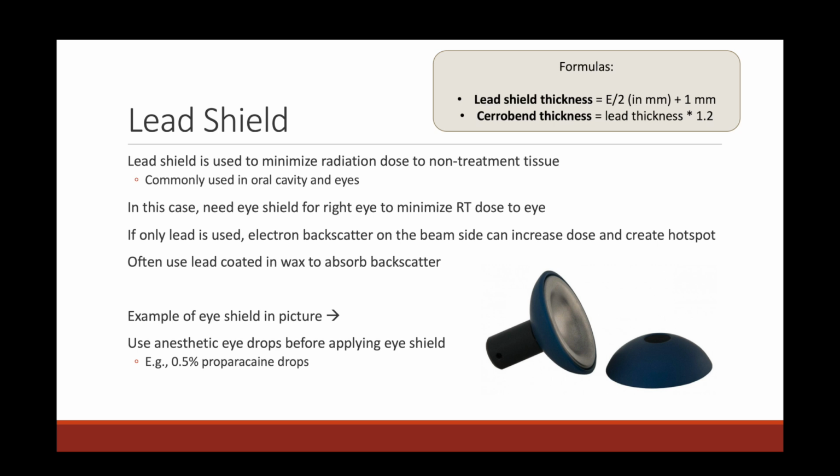So we will often use a lead shield that's coated in wax to absorb the backscatter. This applies to an eye shield. It also applies if you're putting a shield on the gums to protect something when you're treating a lip cancer. We always want to use a lead shield that's coated in wax, and the wax should be on the beam side because that's the side where you're going to have backscatter contributing to a hotspot.